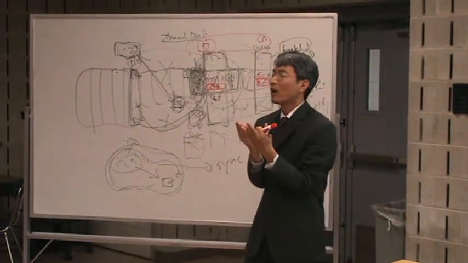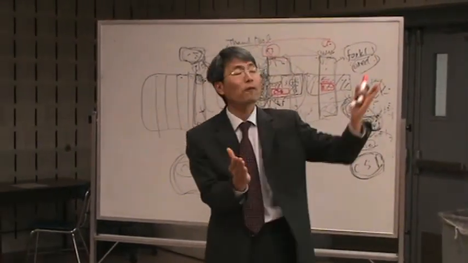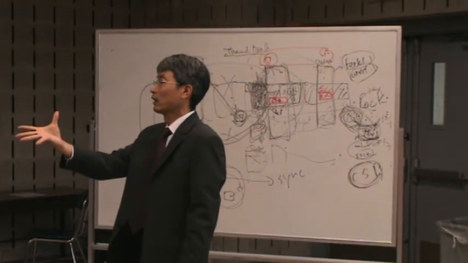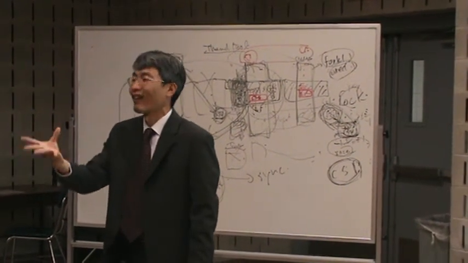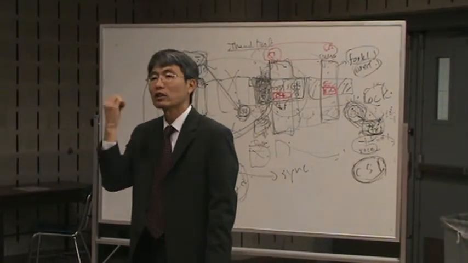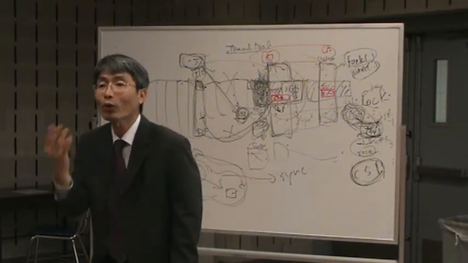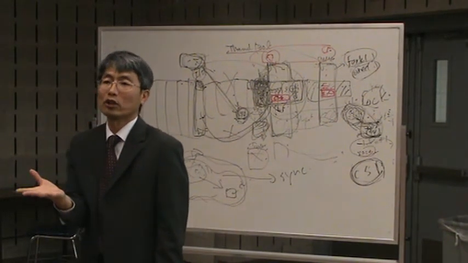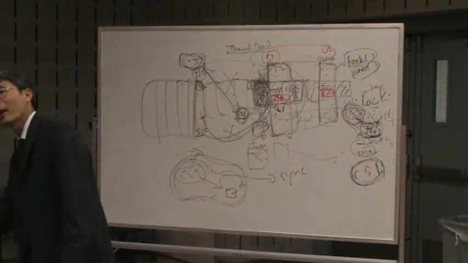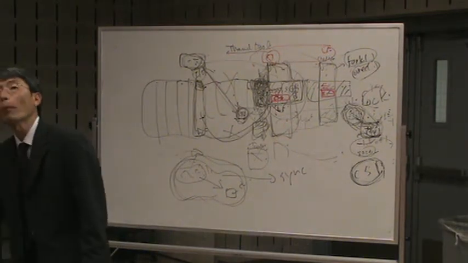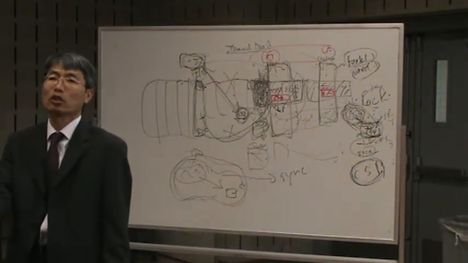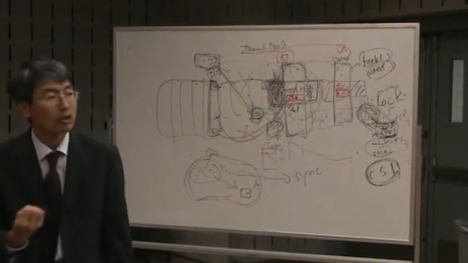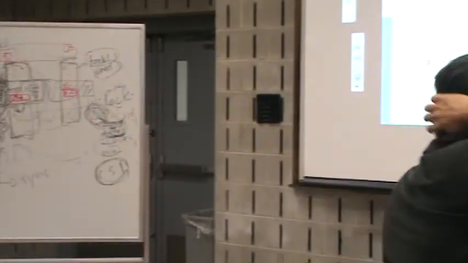So there are different types of solutions for such a problem, in other words, locks. In your software, at the programming level, you can do such a thing. At the hardware level, you can do such a thing. Even the operating system provides such a key. So we will see such solutions one by one.